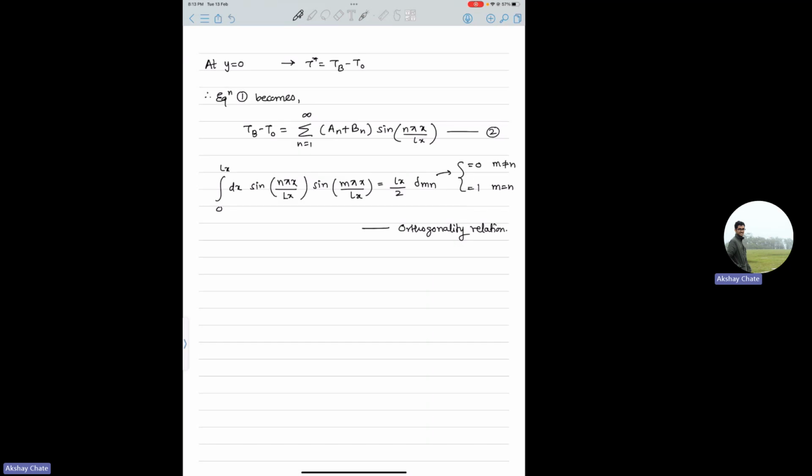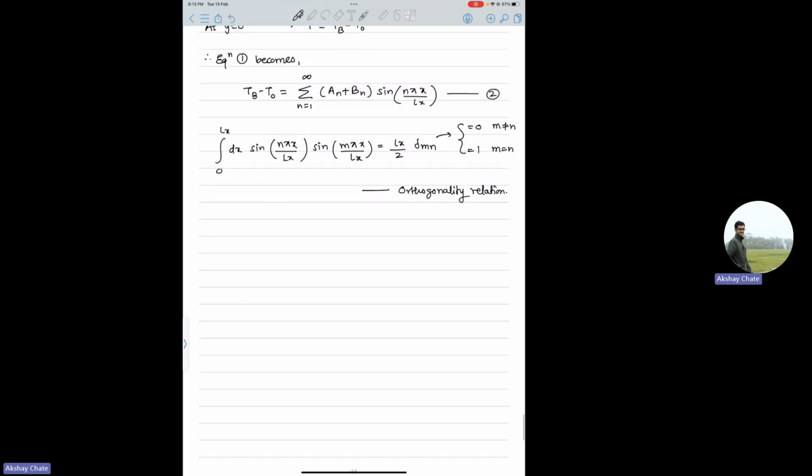So what you end up with is something like that, integral from 0 to Lx, it should be Lx only, of Tb minus T0 times sin m pi x by Lx dx, and here you'll have the summation, an and bn are constants, so they'll come out of the integration.